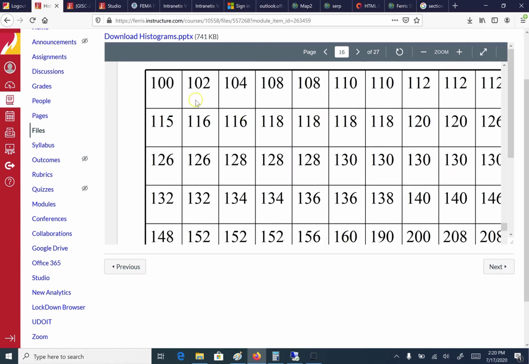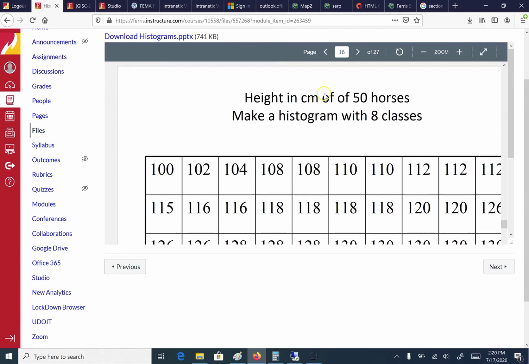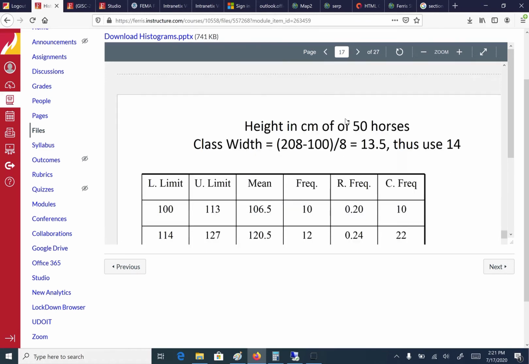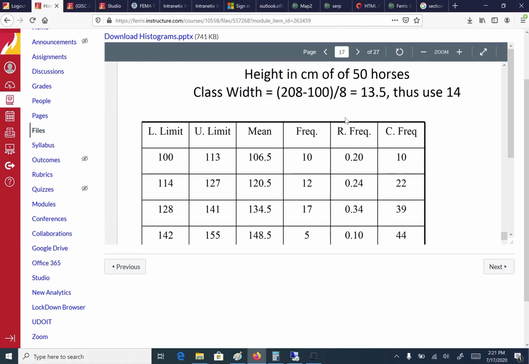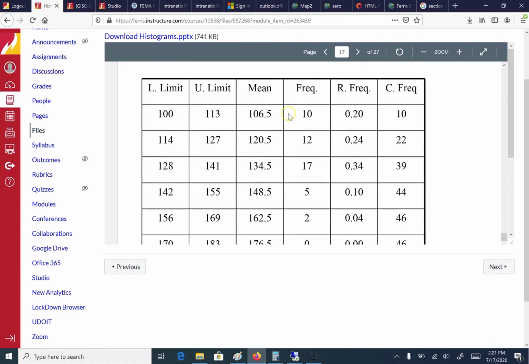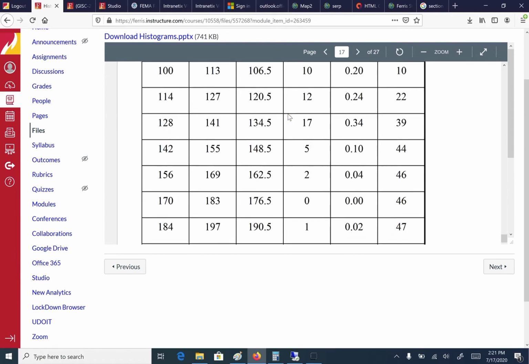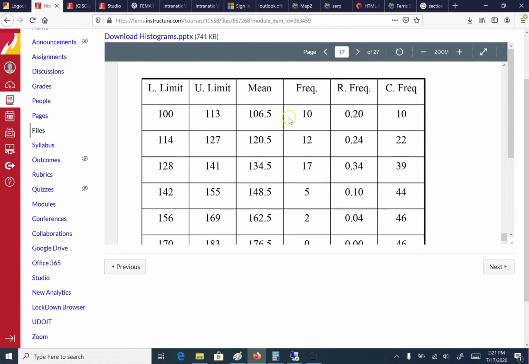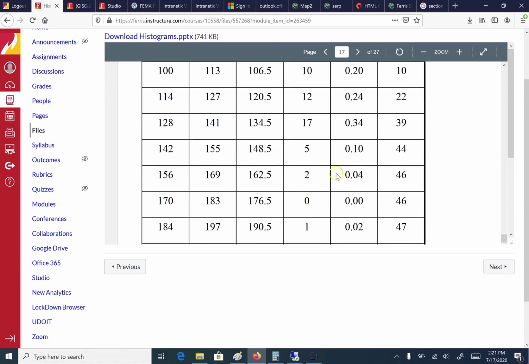And in this example, we are asked to create a histogram of the height in centimeters of 50 horses, with 8 classes. Since we know that there are 50 horses, if we add up the number of occurrences in each class, we're going to get 50.